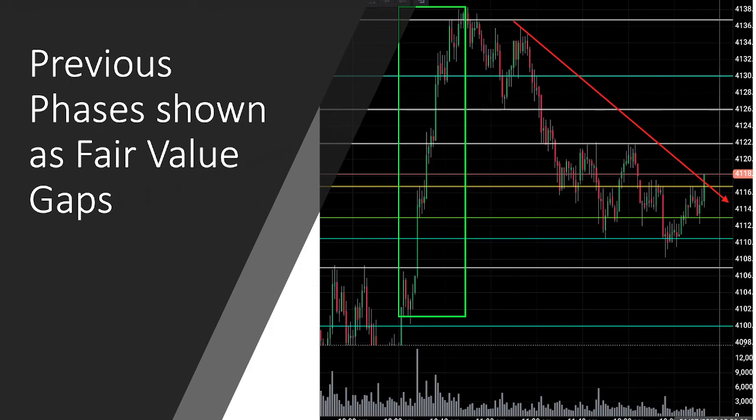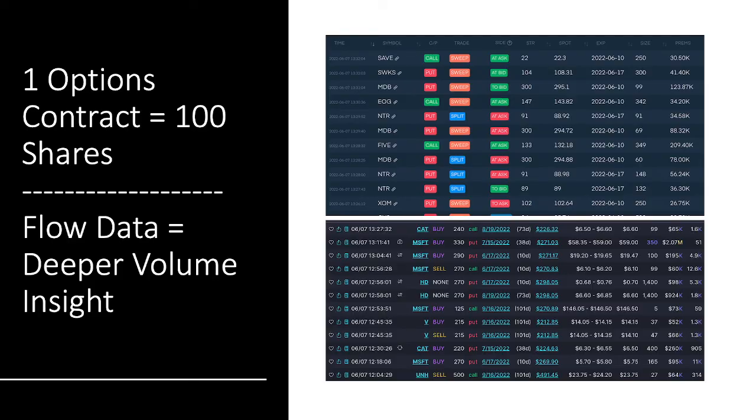And I just want to make a point too that options flow is still very valuable with this whole process. Keep in mind, one options contract equals 100 shares. So the way I look at it is flow data, whether you're looking at live flow or using algos to help you parse that flow data, whatever it might be, is not the end all be all, but it is deeper insight into the volume.